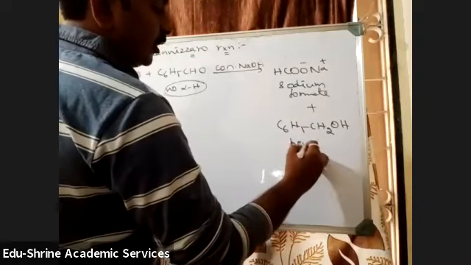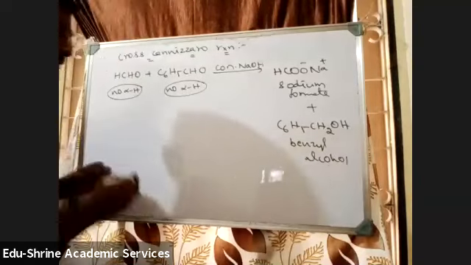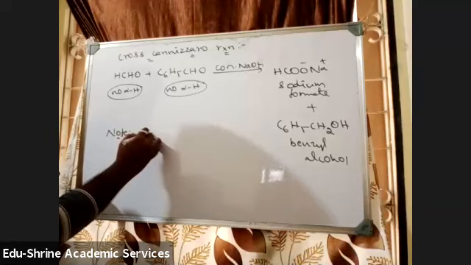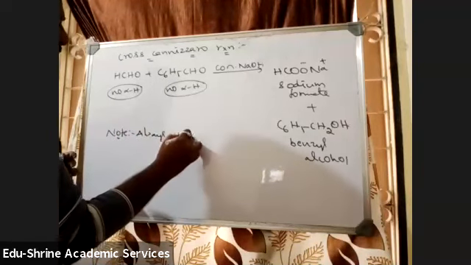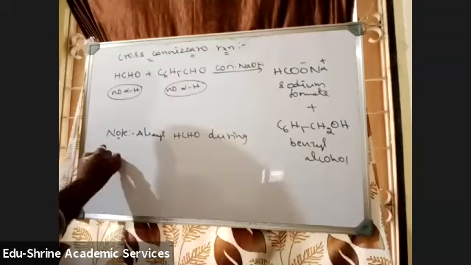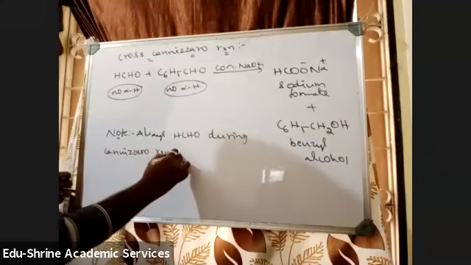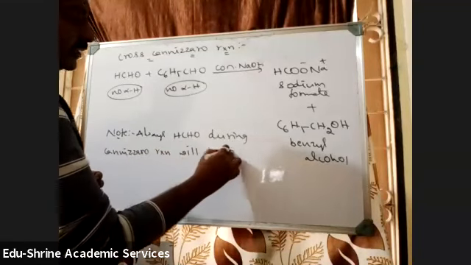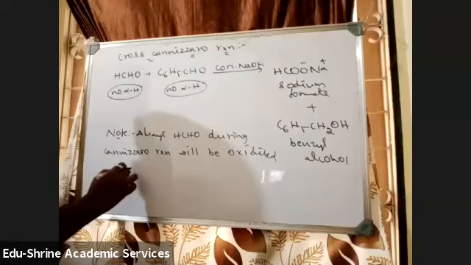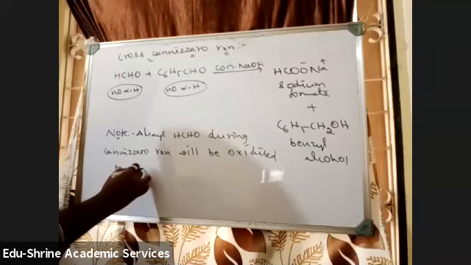So this is sodium formate, one product, and the other product is the alcohol, C6H5CH2OH. This is called benzyl alcohol. So make a note: always, formaldehyde during Cannizzaro reaction will be oxidized to the formate ion, the salt of formic acid.